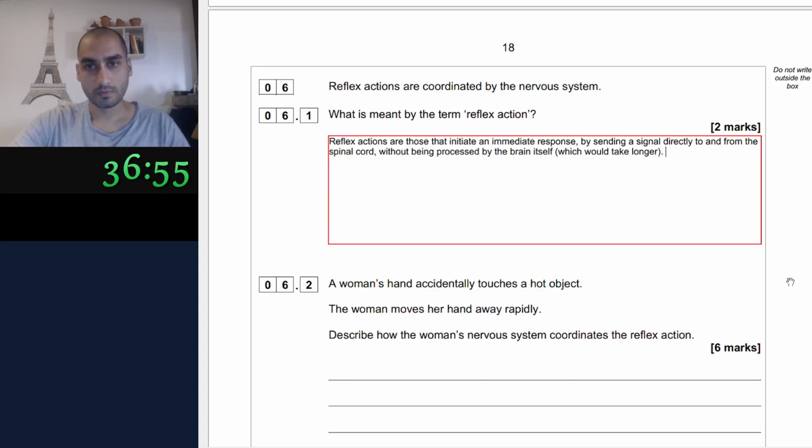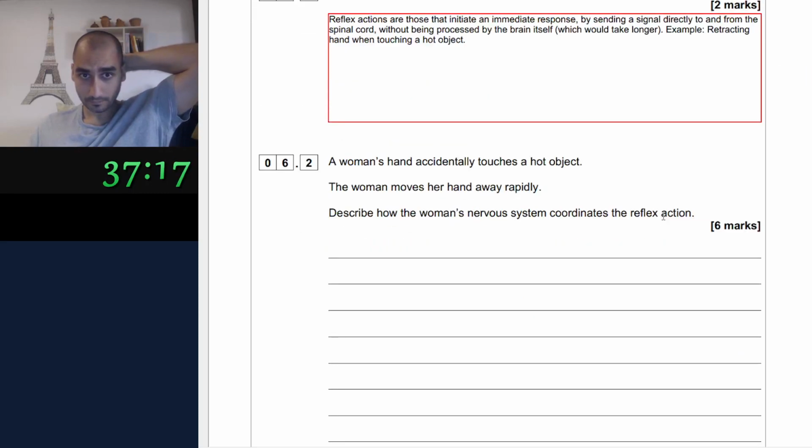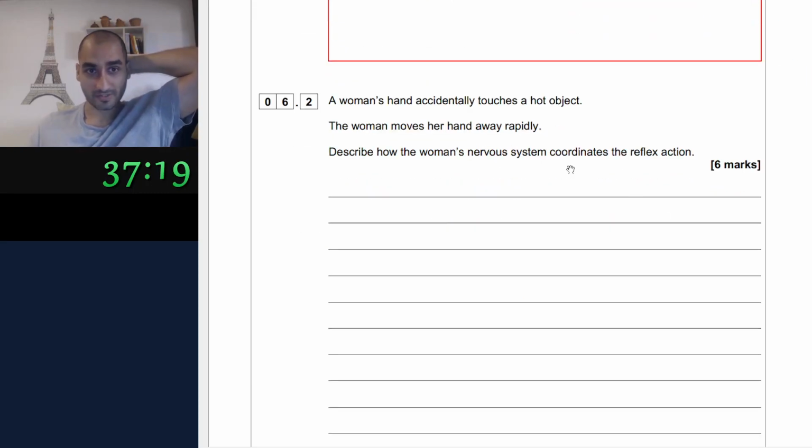Example, the classic example is retracting hand when touching a hot object. Oh, look at that.